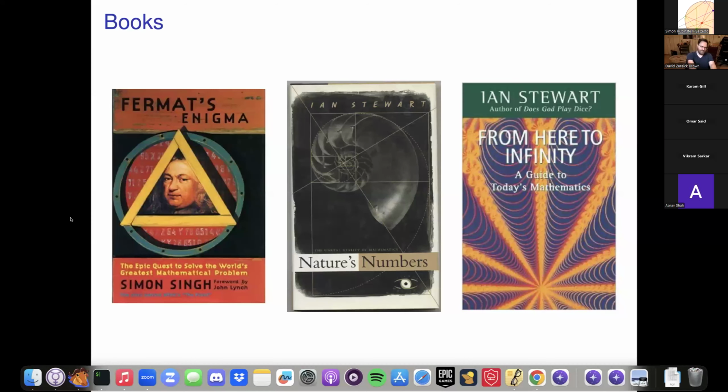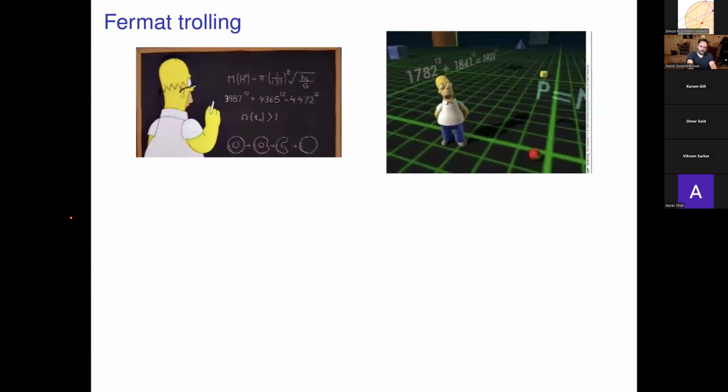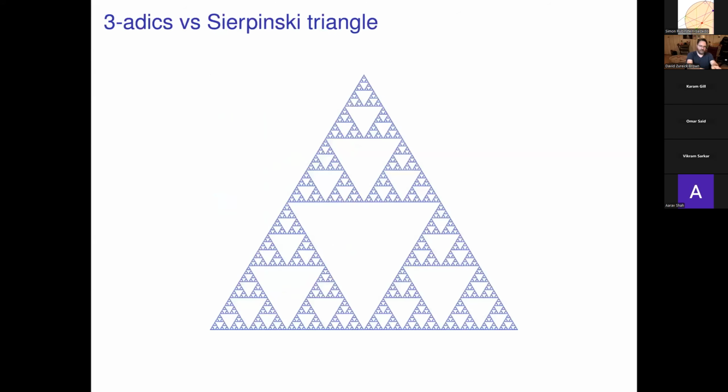What I didn't get to and won't have time to explain is, I didn't say what uniformity was, but there are connections to doing analysis on fractals, and these help you solve number theory problems. These are what are called Berkovich spaces. If you know about p-adics, an underappreciated fact is that the three-adic integers Z3 as a topological space are actually a fractal, the Sierpinski triangle.